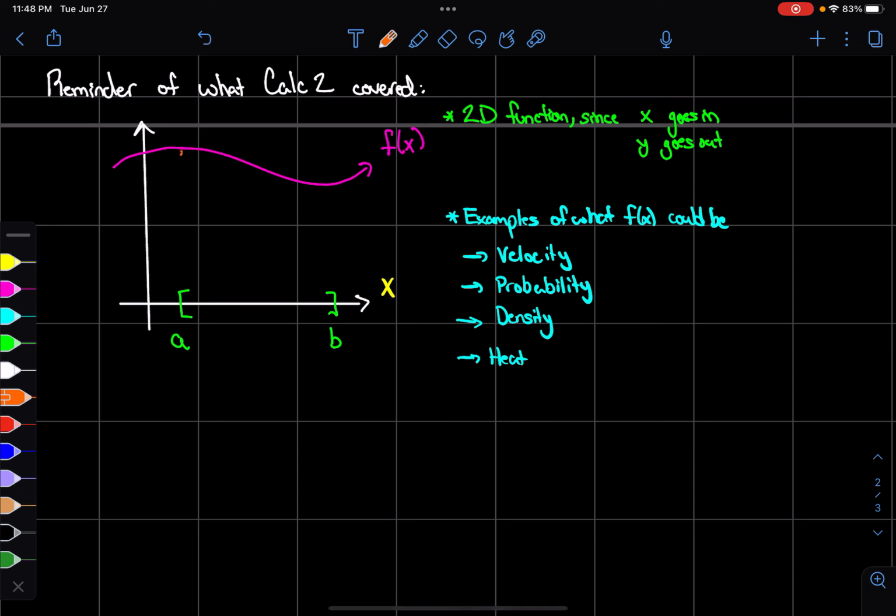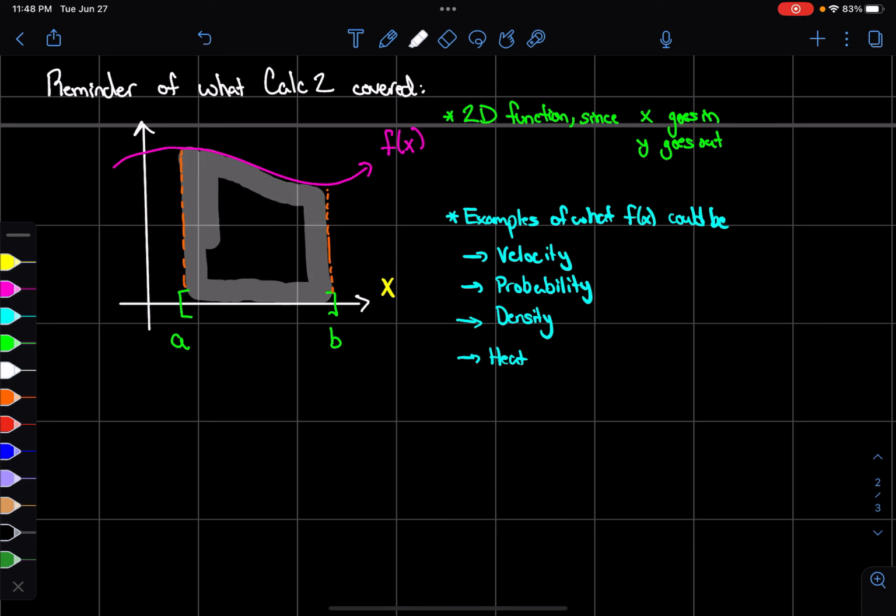But the idea was that we started off with these things called Riemann sums. We said, hey, if I want to figure out the total area under this curve, if my goal is to essentially get all of this, that would give me the total of whatever it is that I'm trying to do my math on.